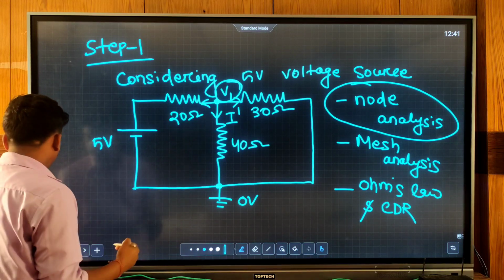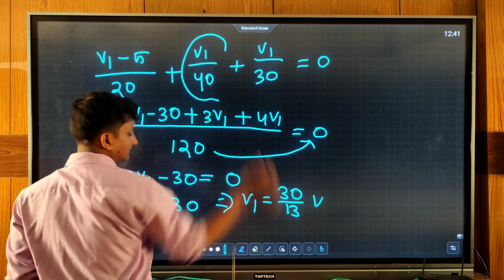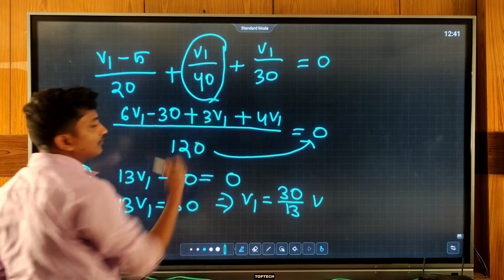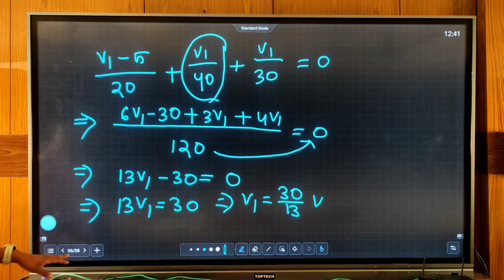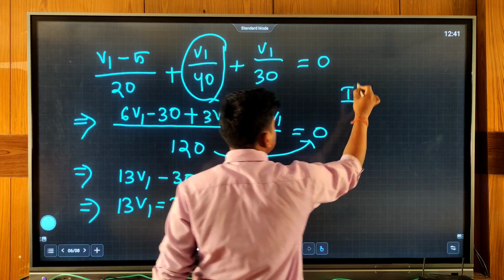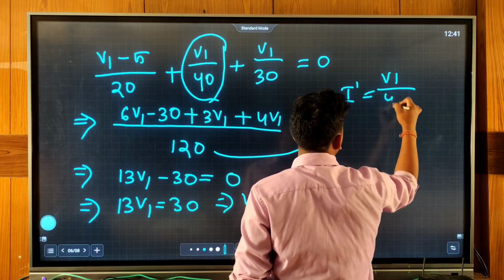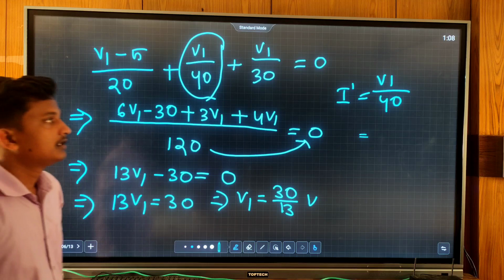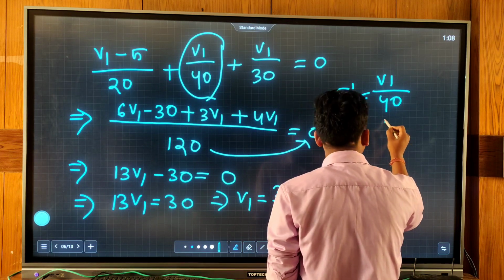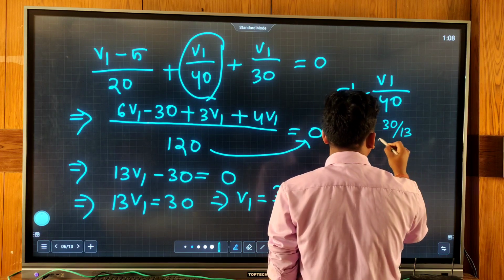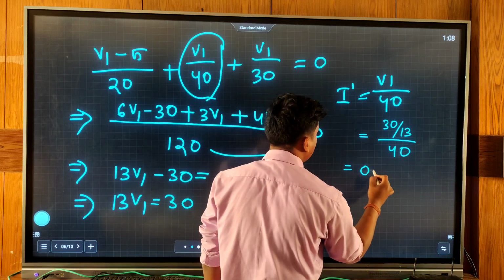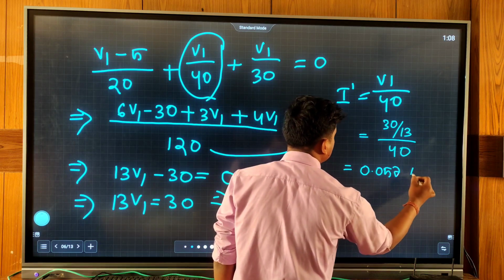According to this, our target resistance is 40 ohm, so I dash, the current, will be V1 by 40. That is V1, which is 30 by 13, divided by 40, which is equal to 0.057 ampere.